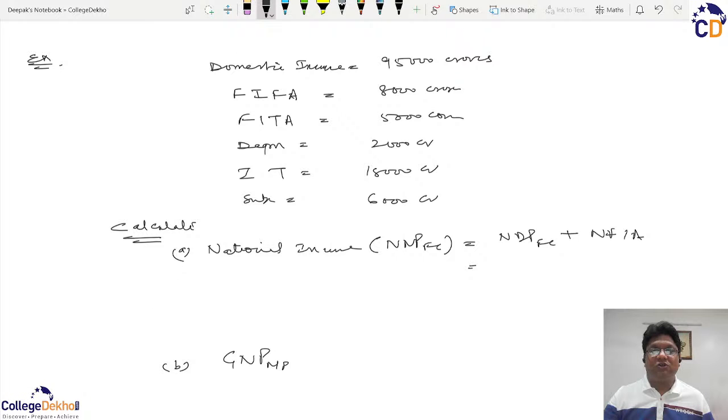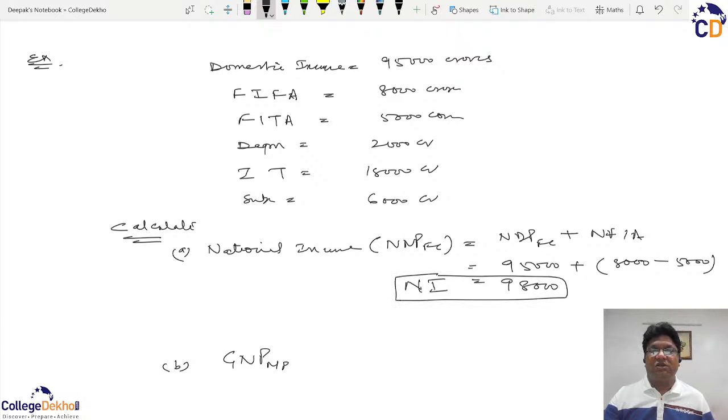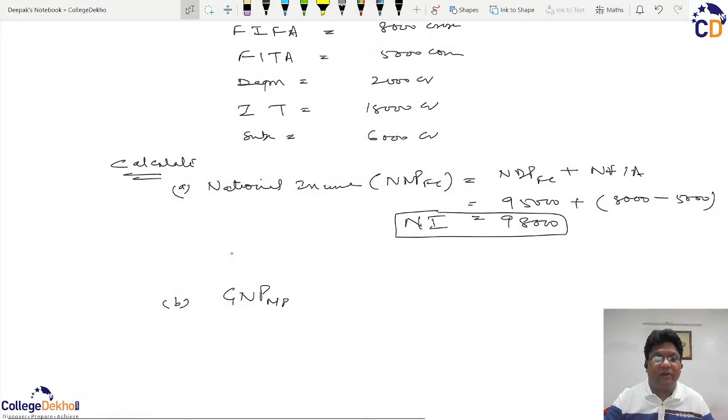The domestic income, 95,000 crores, plus NFIA, which is factor income from abroad 8,000 minus factor income to abroad 5,000. So in this case 98,000 becomes your national income, and here the national income is more than domestic income because NFIA is positive.